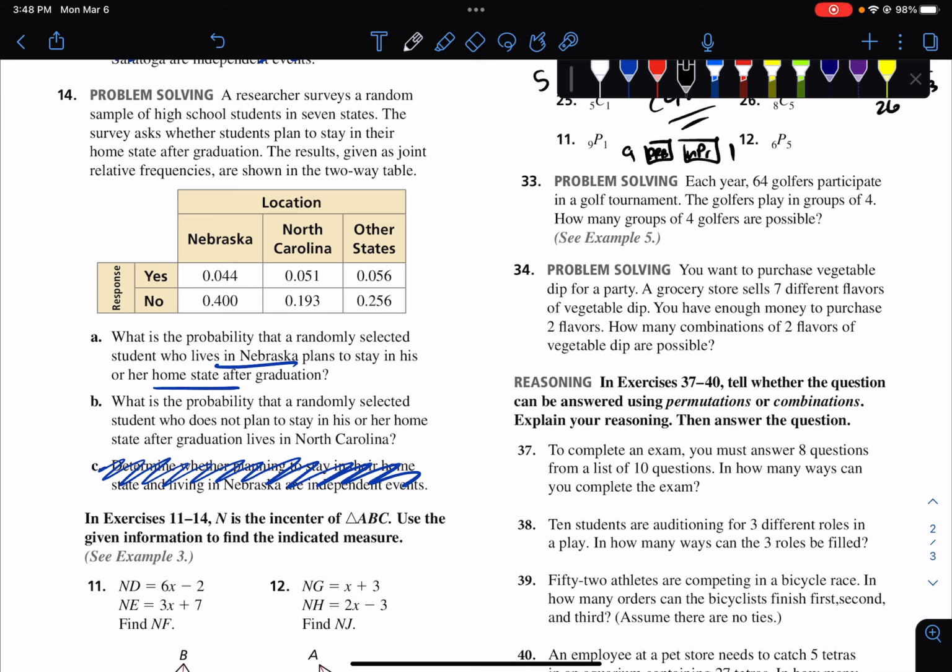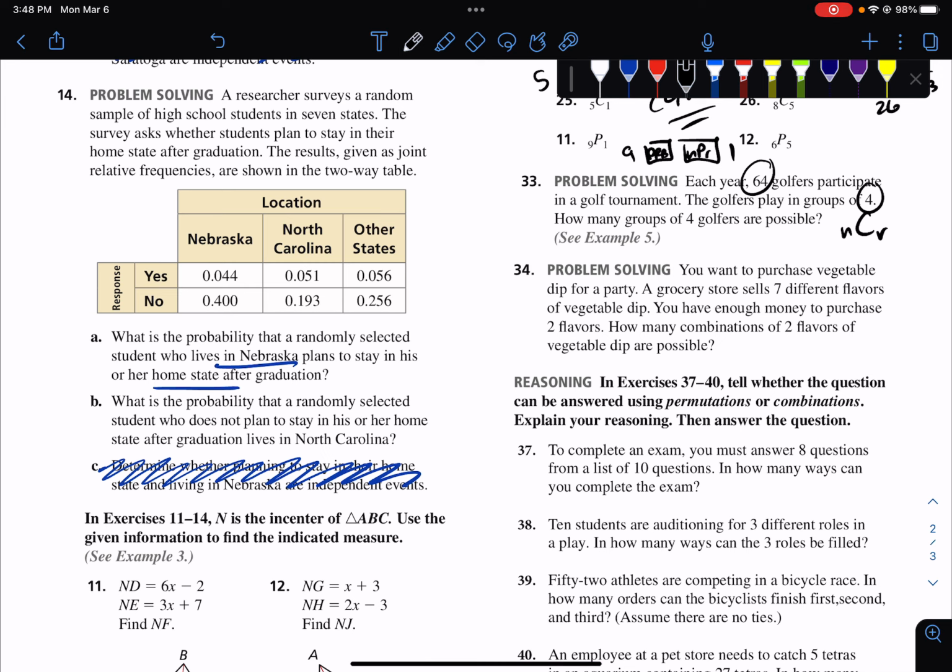And it doesn't. It doesn't matter which person you are in the group. So for number 33, the order doesn't matter, so this is going to be an nCr problem. So you're going to use 64 and 4 and plug them in to get that answer.